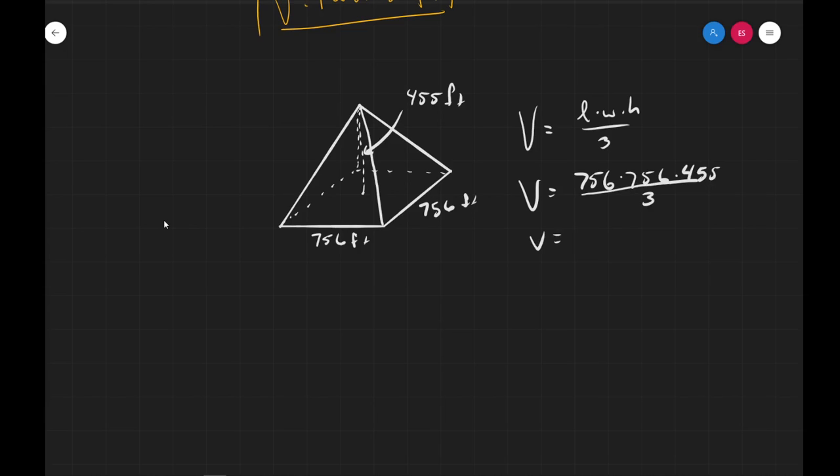And that number is a big one. That number is 86,682,960 cubic feet. All right, there's a lot of rock there.